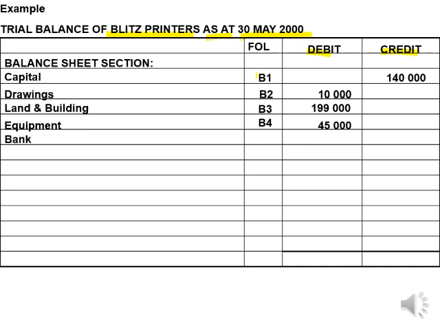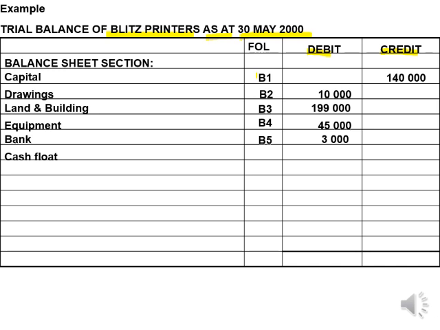The next one here is bank, and bank is an asset, that becomes B5, and the amount is on the debit side. Remember, all assets increase on the debit side, so assets will always be recorded in the debit column of your trial balance. All right, then from there we move on to cash float.